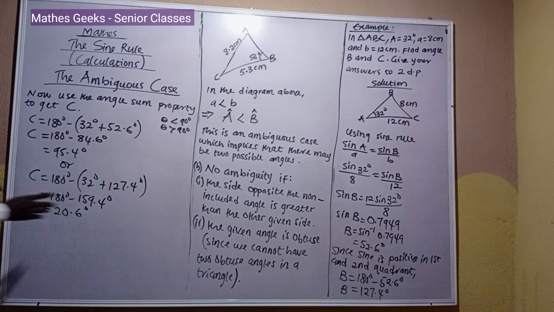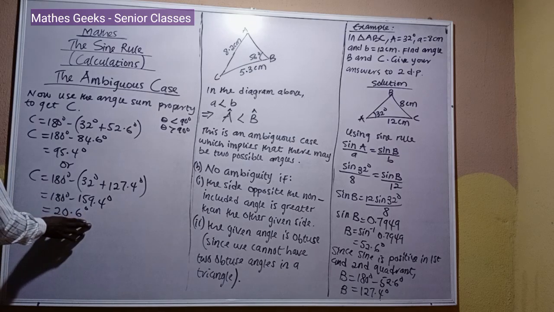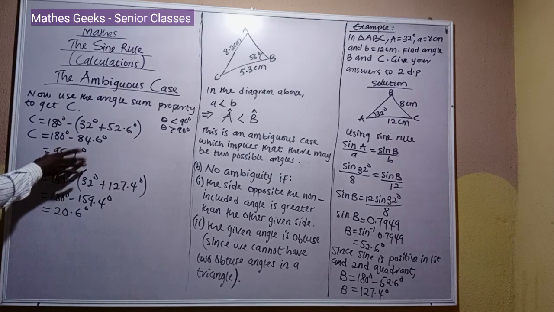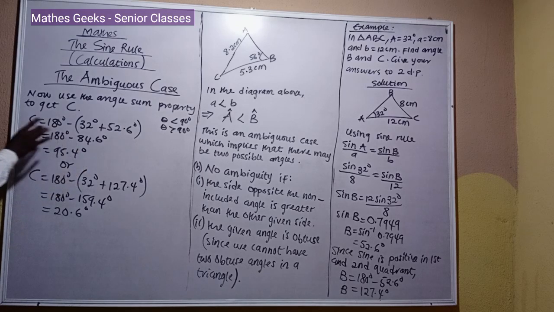So this angle is less than 90 degrees. So for C, this second option is the acute angle equivalent of C, while the first one is the obtuse angle equivalent of C, or the obtuse angle of C. This is the acute angle of C.